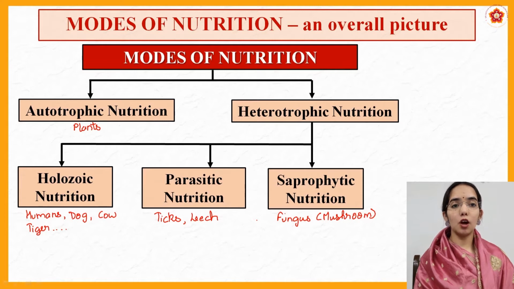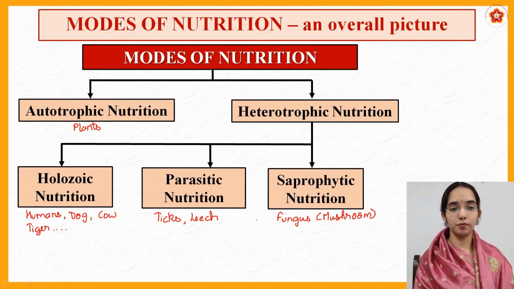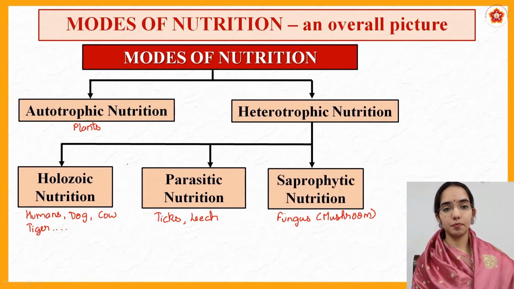Students, now the question that arises is what is common amongst us, dogs and tigers, that all of us fall into this category of Holozoic mode of nutrition? So the thing that is common is that we follow these three processes. What are those three processes? They are ingestion. What does ingestion mean?